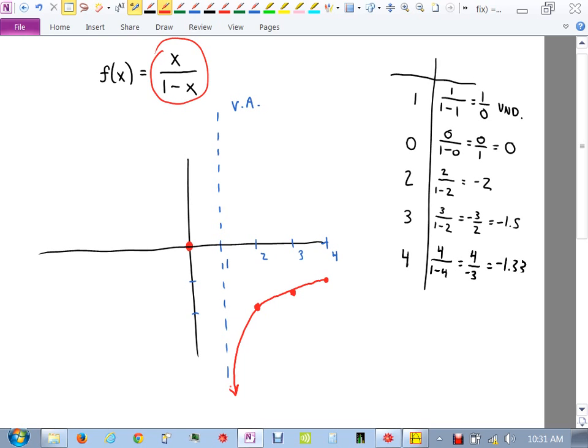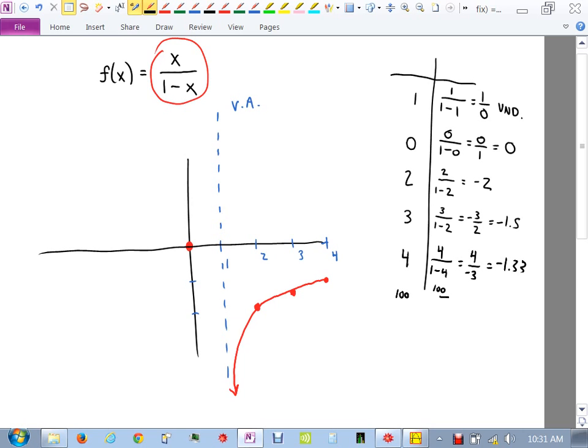What does it look like is happening as I go to the right? It looks like it's getting closer to the x-axis, right? Because what's happening as I move to the right, like at 2, 3, and 4. Started out at -2, then it went to -1.5, then -1.33. Maybe it's getting closer to 0. So let me check it by plugging in a number that's way out there. How about 100?